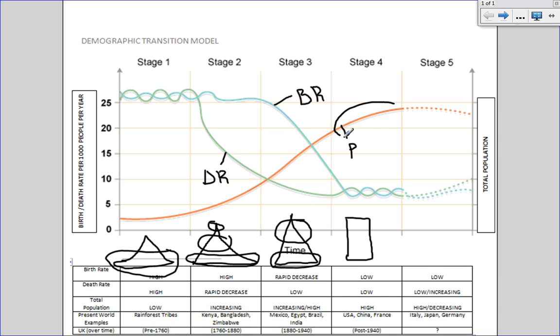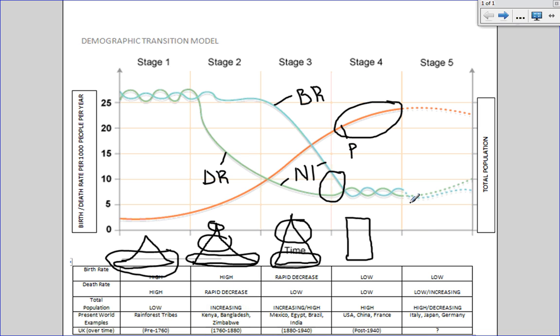We can see that here. It's growing because there's still a bit of a gap here between the birth rate and the death rate at the end of stage 2 and going into stage 3, going into stage 4. Okay, this gap between the birth rate and the death rate we call the rate of natural increase. Okay, so NI. We can see that still happening here, and that's what's resulting in the population still growing here.